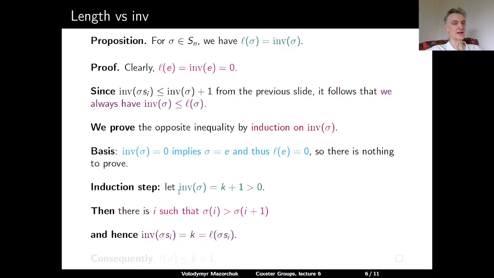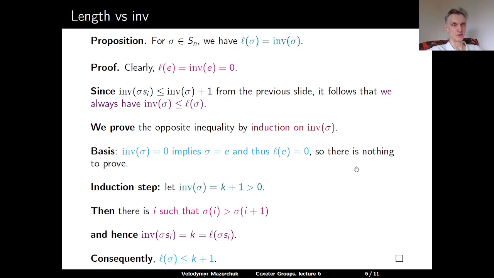And so the number of inversions for sigma Si by the previous slide is equal to k plus 1 minus 1, which is k. And then by our inductive assumption, this is equal to the length of sigma Si. And consequently, the length of sigma is less than or equal to k plus 1, because sigma is obtained from sigma Si by multiplying with Si.